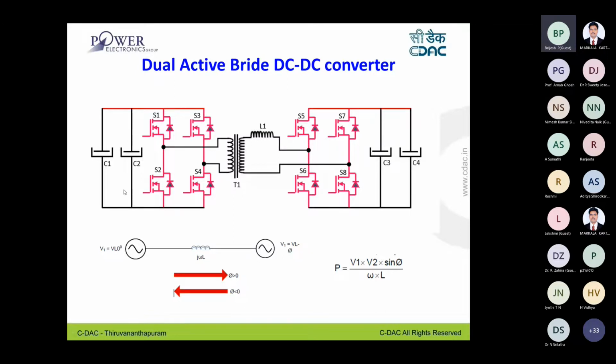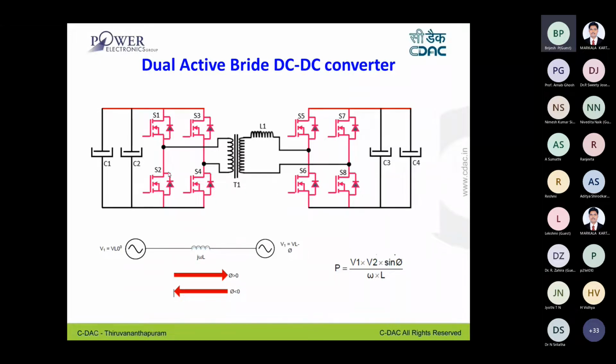So this is the basic architecture of the dual active bridge converter. You have a high frequency transformer. In our particular case, it is a 50 kilohertz transformer, which provides the galvanic isolation between the AC and DC.